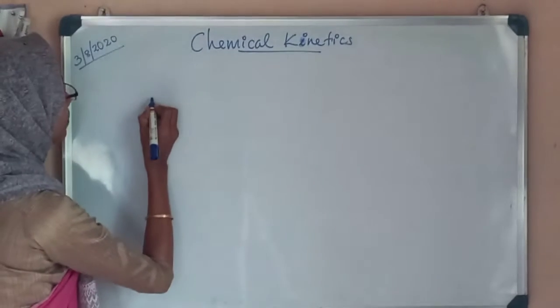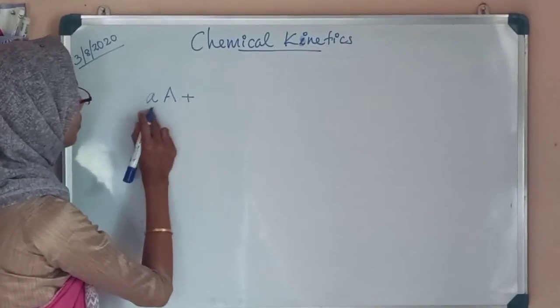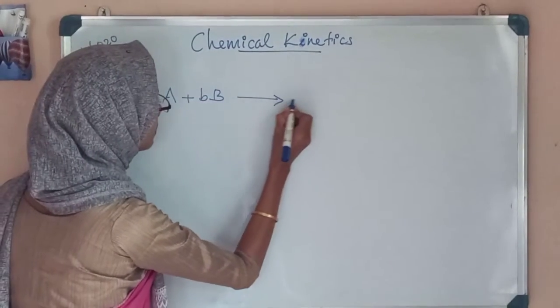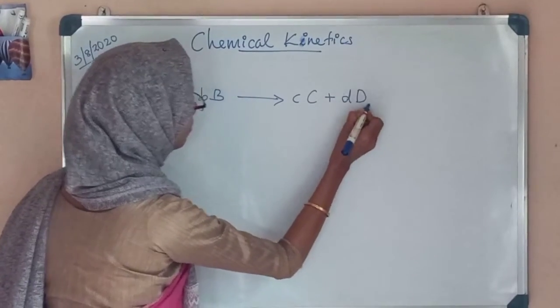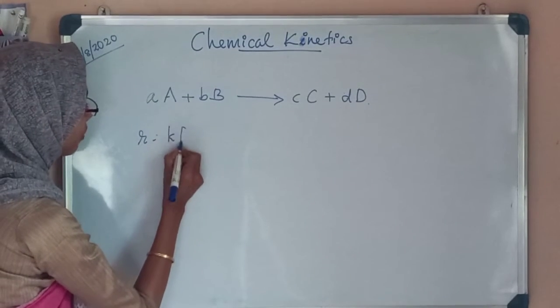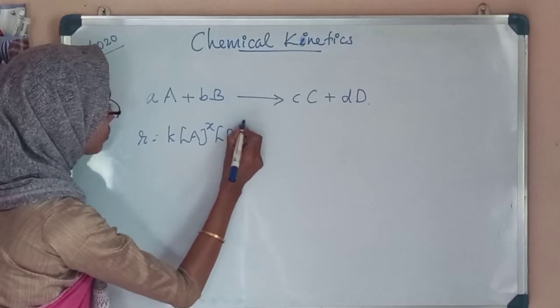Then take the same hypothetical reaction in which a moles of A react with b moles of B and give c moles of C and d moles of D. You know that the rate of the reaction is equal to K into concentration of A raised to x into concentration of B raised to y.